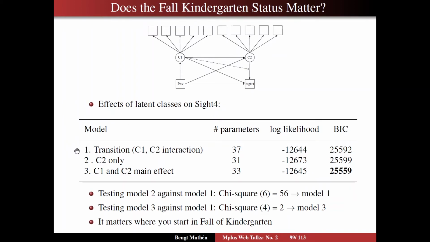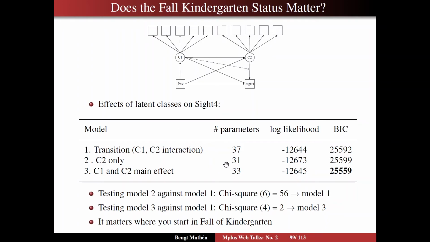First model is the model we talked about and that we show in the picture. We have a C1, C2 interaction effect on site 4, and it has these number of parameters and log likelihood. Then you can contrast that with a simpler model where only C2 influences site 4. So you don't have that arrow or this arrow.